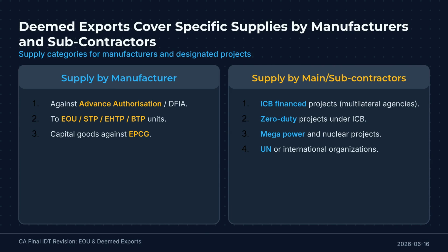Deemed export benefits are available for several specified supplies. These include supplies against advance authorization or DFIA, supplies to EOU, STP, EHTP, and BTP units, and supplies of capital goods under EPCG authorizations. Benefits also extend to certain project-related supplies, such as internationally competitively bid projects, zero-duty projects, mega power projects, nuclear projects, and projects funded by multilateral agencies or international organizations.